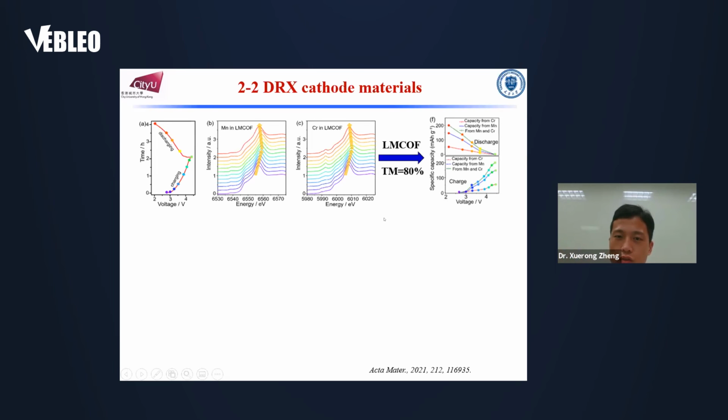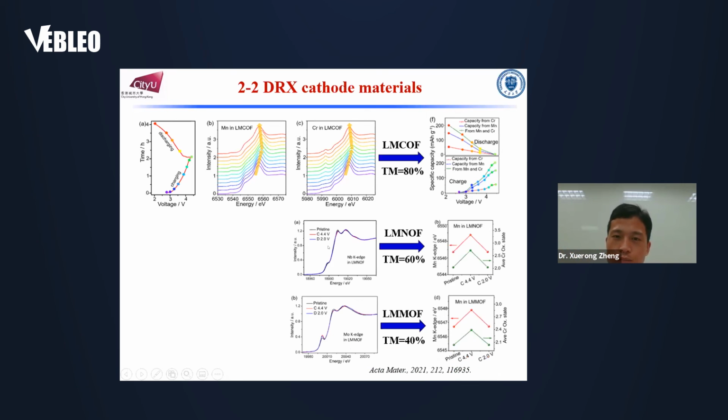We also measured the hard XAS of the LMNOF and LMMOF, and we find that the manganese and the molybdenum have no change when charging or discharging. It means that the manganese and the molybdenum are the zero transition metals. They are only the skeleton of the materials and the charge compensators, and they have no contribution to the capacity.